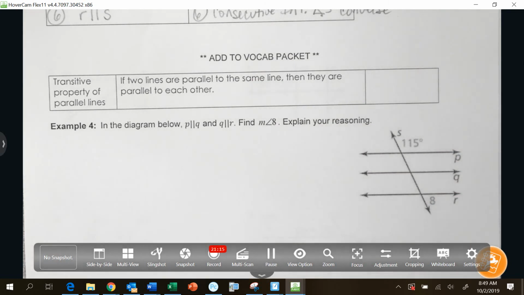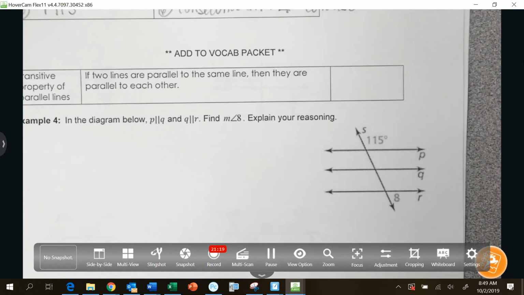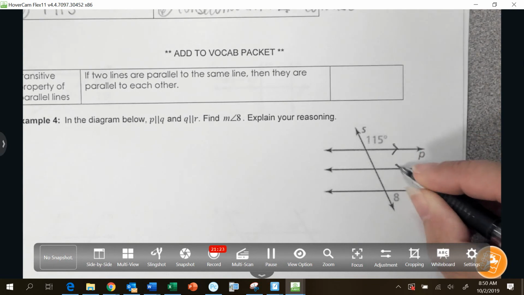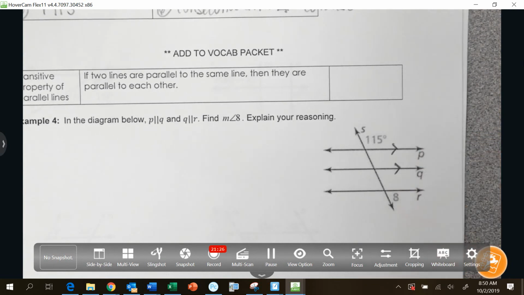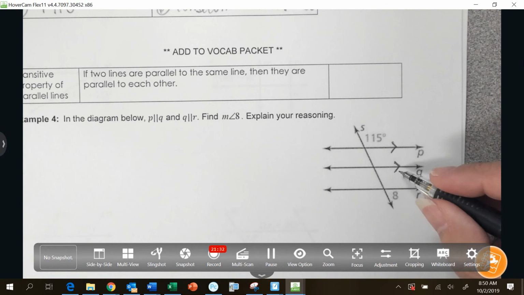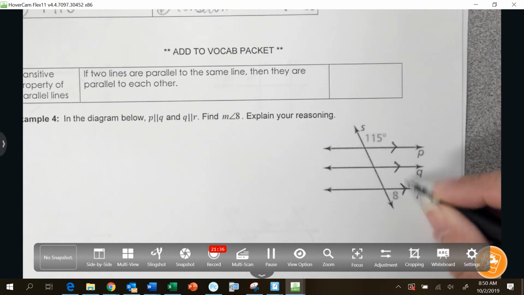So in the diagram below, P is parallel to Q and Q is parallel to R. So I'm going to say that P is parallel to Q by marking it in my diagram. And then I'm going to say that Q is parallel to R. So the same marking that I put on Q, I should probably also put on R, because they're parallel to each other.